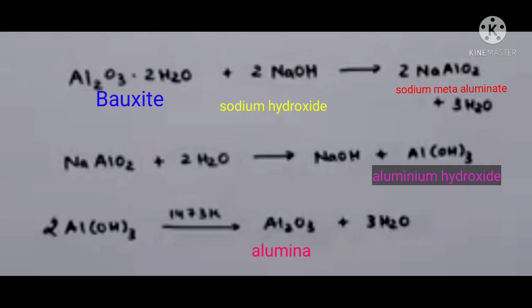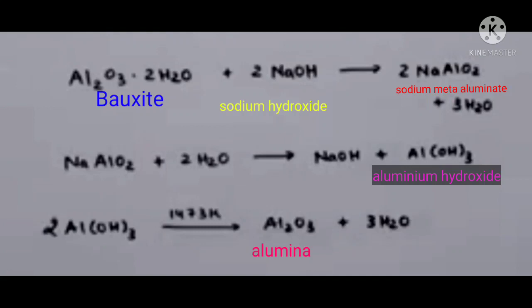Then we dilute this sodium meta-aluminate with water so that it forms aluminum hydroxide, in the form of a precipitate.